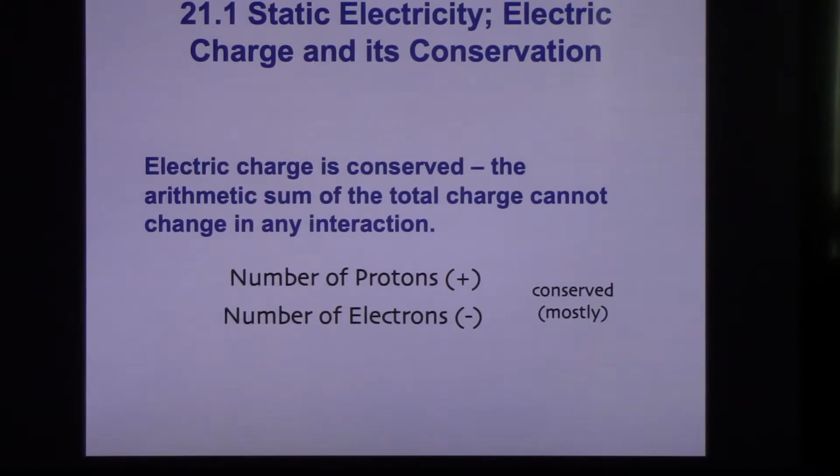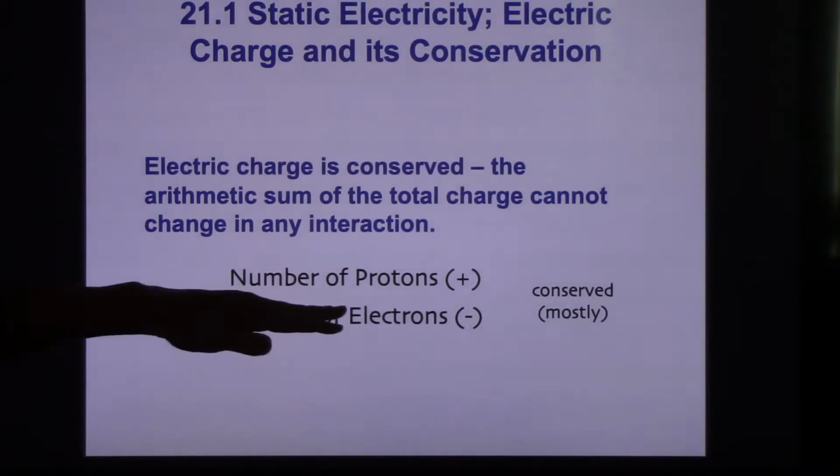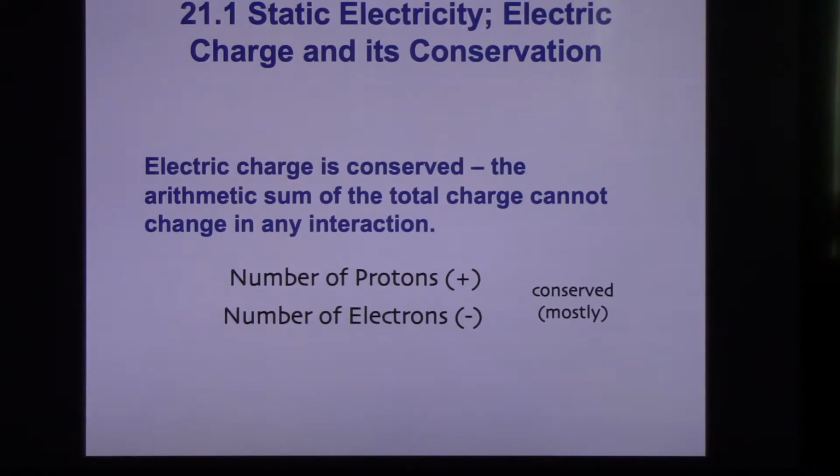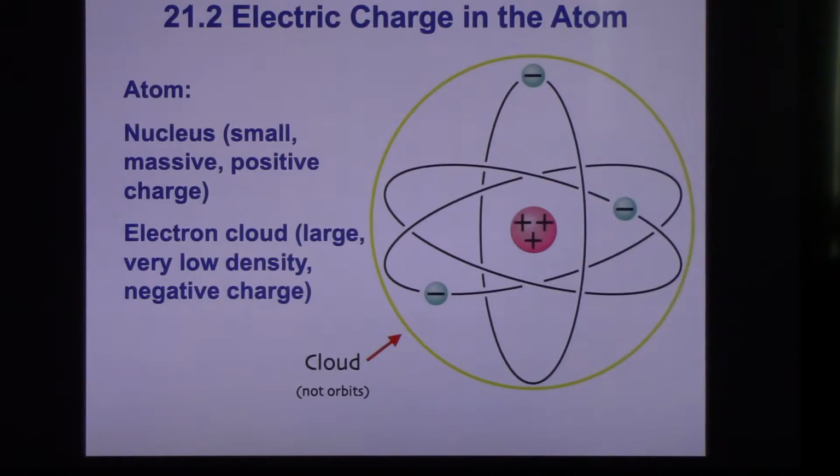But for the most part, for 99.999% of the situations that we're going to be looking at, the number of protons and the number of electrons are conserved. And that's the basis for electric charge conservation. Even in the cases where protons turn into neutrons, overall charge is conserved. So electric charge conservation is going to be a fundamental principle that we'll continue to work from.